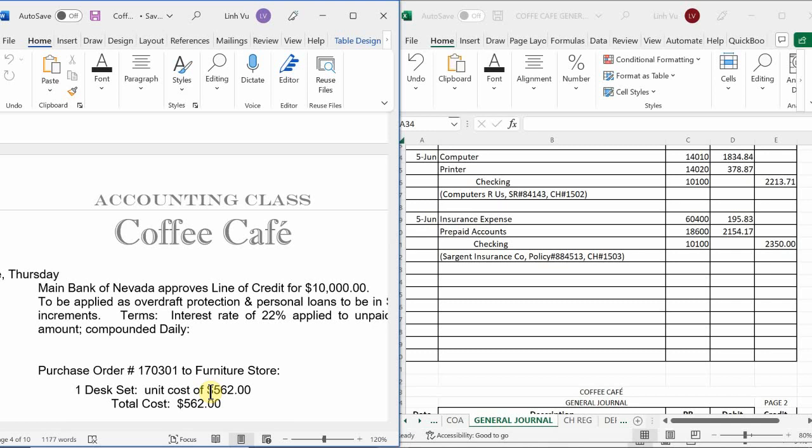Now, do I need to take a loan out right now? No. Have I overdrafted my bank right now? No. So therefore, this is just basically emergency money. There's a condition that must be met. Okay. So, have I borrowed this money? No. Okay. So no journal entry.